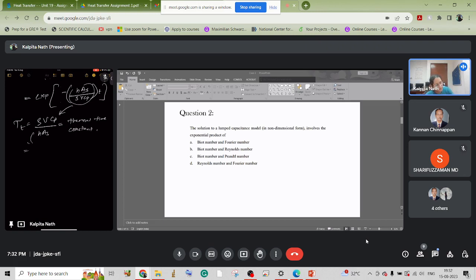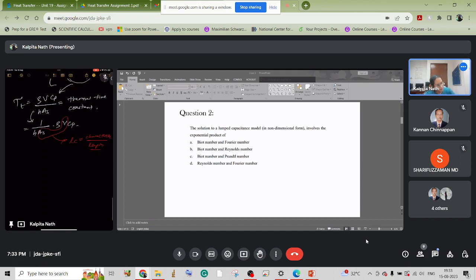This we can write as 1 upon hAs into rho V Cp. Now V upon As is the characteristic length for any body, right? So we write this as Lc. So this formula becomes rho Lc Cp upon h.